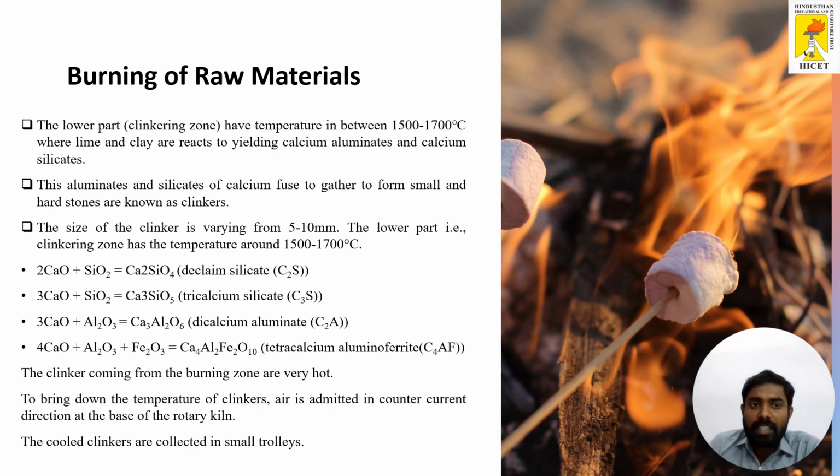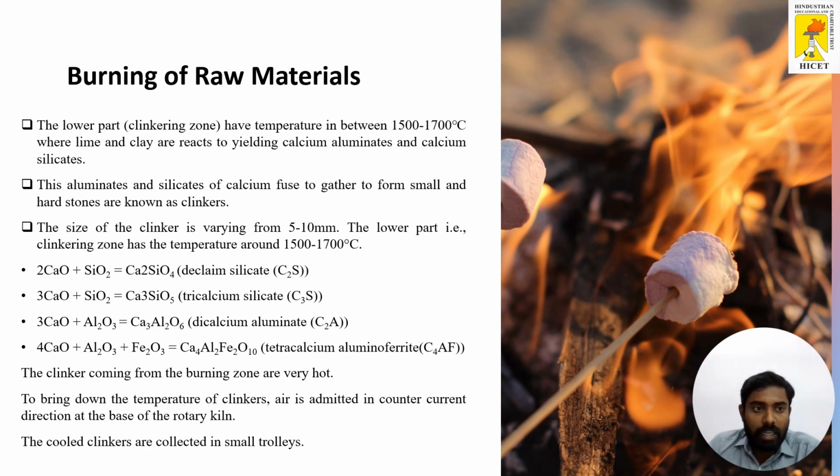The aluminates and silicates of calcium fuse together to form small and hard stones known as clinkers. The size of the clinker varies from 5 to 10 mm. The lower part, the clinkering zone, has a temperature around 1500 to 1700 degrees Celsius.